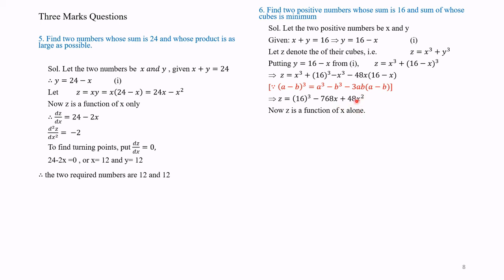The derivative of x square is 2x. Therefore, the second term on the right hand side becomes 96x. Therefore, taking the second derivative, we get d squared z by dx squared is equal to d by dx of 768 is 0 and of 96x is 96.